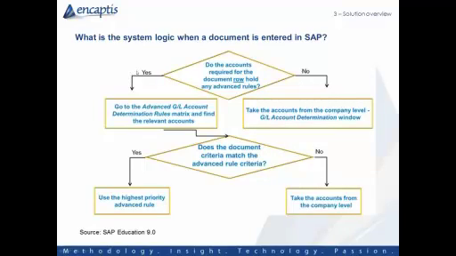If there is, then the system will look into the criteria of the rule and see if any of the criteria are met. Then, if some criteria are met, then the system will use the highest priority in the advanced rules. If no criteria are met, then we'll use the default GL account.